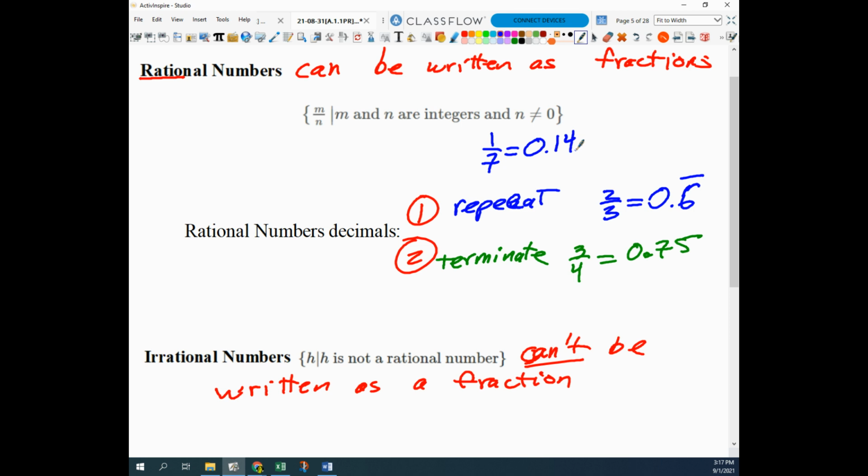Somebody look at this on your calculator for me. It's something like 0.14285. Yeah, that's what I thought. 285, and then it's 14285 or 07 there.